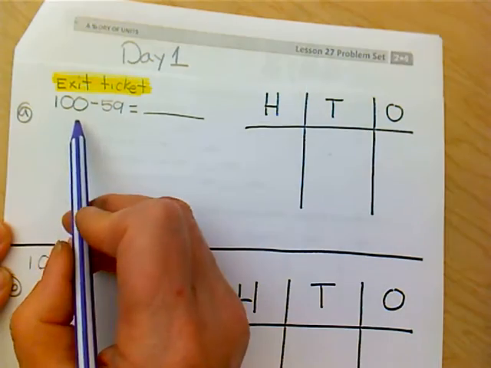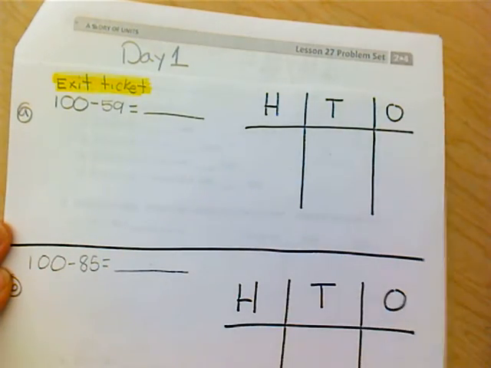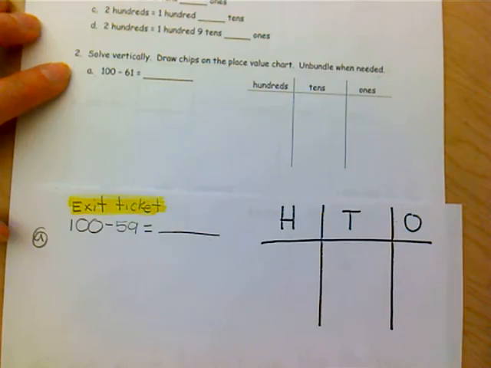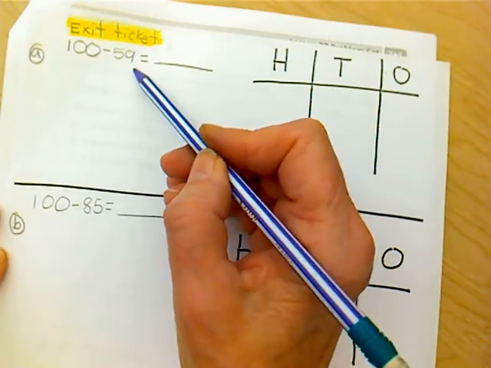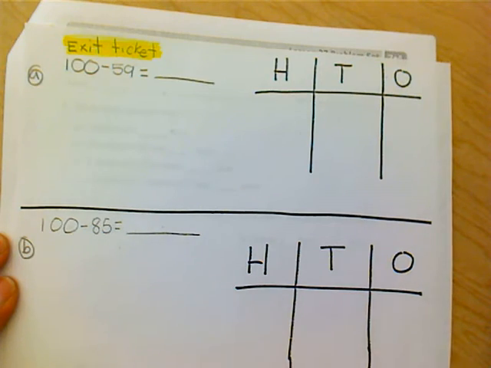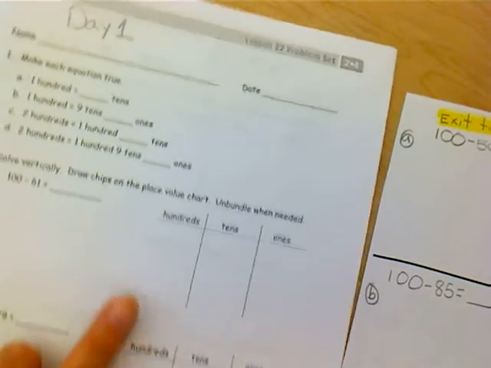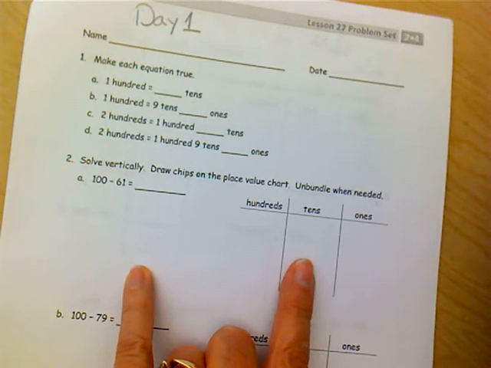You're going to be doing 100 take away 59, and you are going to use the same vertical form as you did on these 2 problems. So vertical form and the chip model for both 100 take away 59 and 100 take away 85. And we are going to want to see the same steps on your exit ticket as we did on the practice pages that you did.